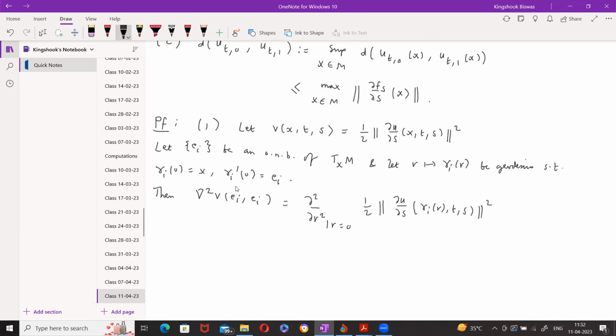So this is the inner product of del u del s with itself. By metric compatibility, if I take the first derivative, this is del del r at r equal to 0 of the first derivative.